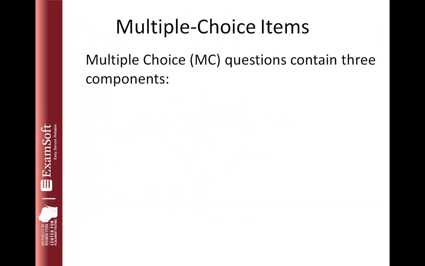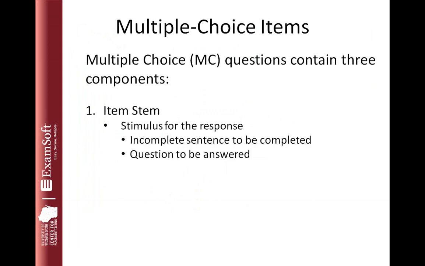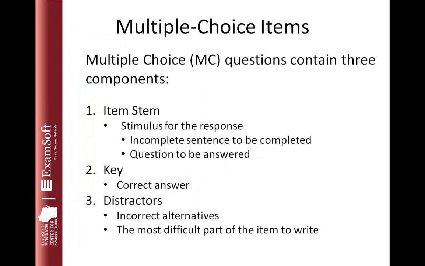Multiple choice items really contain 3 main components. The first is the item stem, and this is the stimulus for the response. It's usually an incomplete sentence that we want the test taker to complete, or it's a question that we would like answered. The second component is the key, or the correct answer. And then we have item distractors, or the incorrect alternatives.